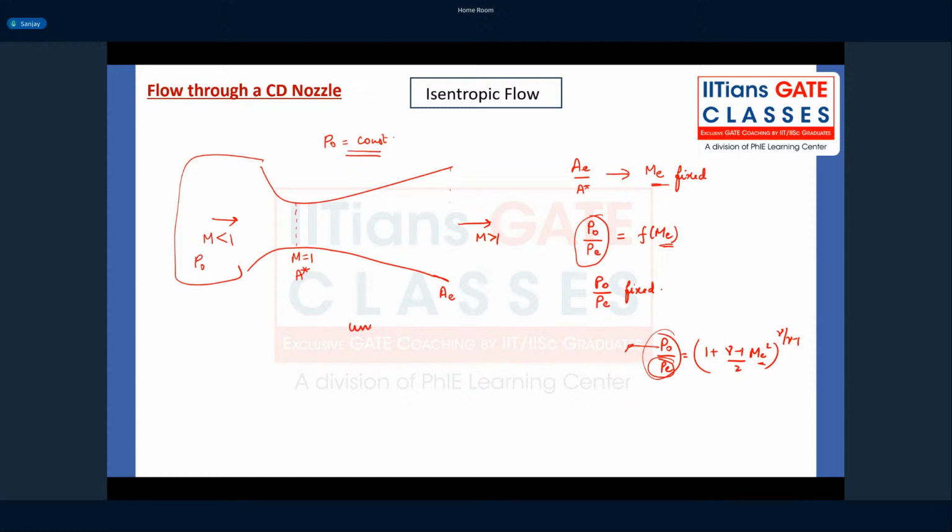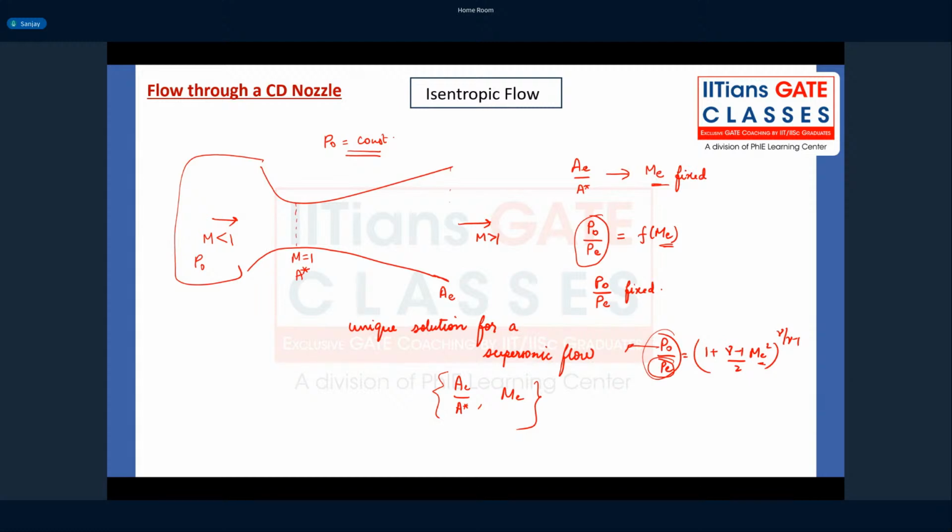There is a unique solution for a supersonic flow, which is given by A by A star and the Mach number at the exit. They dictate the solution. This is when my throat is choked.